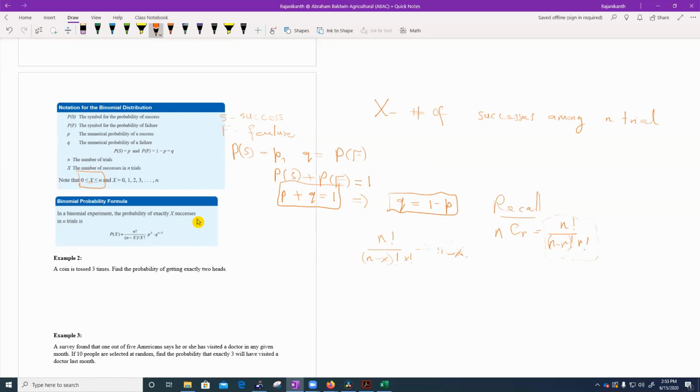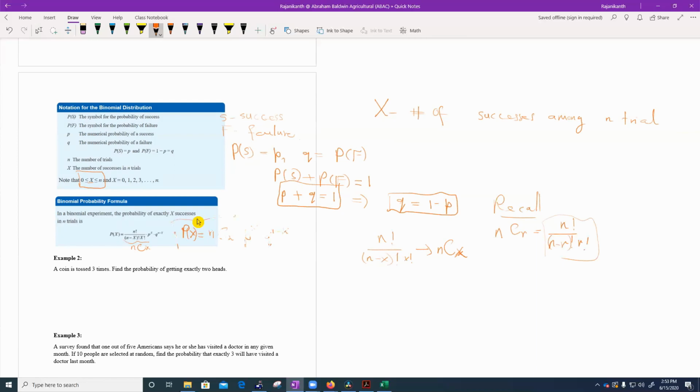So that means I could rewrite this formula. The probability of a number of successes is simply given by n choose x times p to the power x, then times q to the power n minus x.